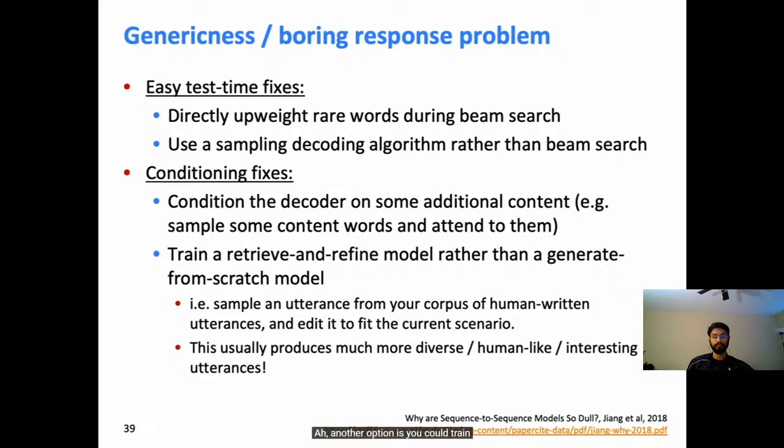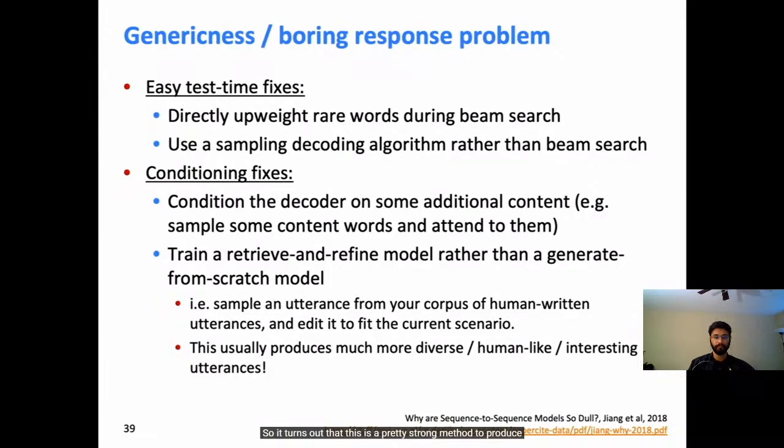Another option is you could train a retrieve and refine model rather than a generate from scratch model. By retrieve and refine, I mean you suppose that you have a corpus of general utterances, things that you could say, and then maybe you sample one from the training set, and then you edit it to fit the current situation.